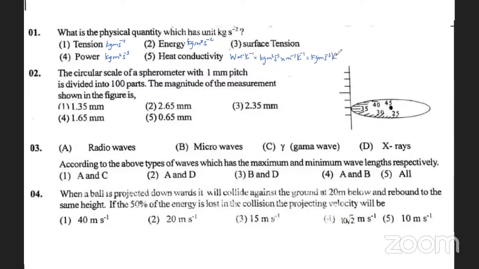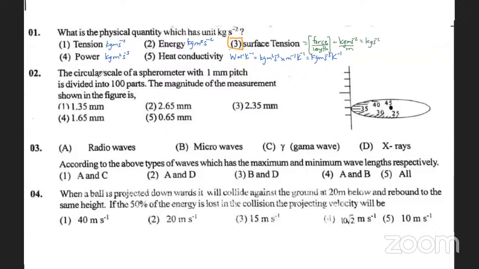So obviously it can't be the answer, but I'm just showing you. Surface tension is definitely the answer, because surface tension is equal to force acting per unit length, force over length. That means it is kilogram meter second minus 2 divided by meter, and the final answer is kilogram second minus 2.